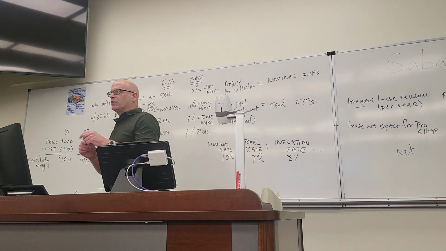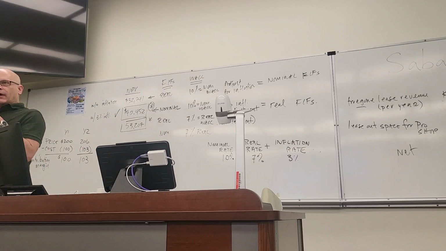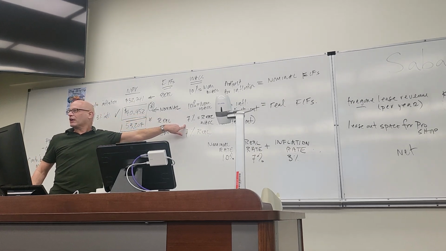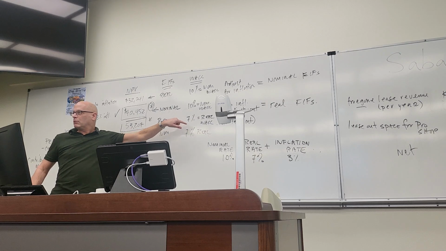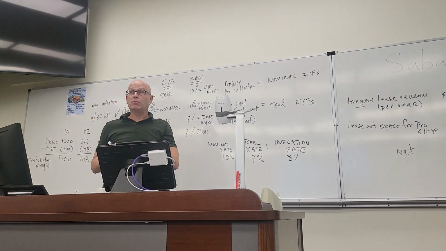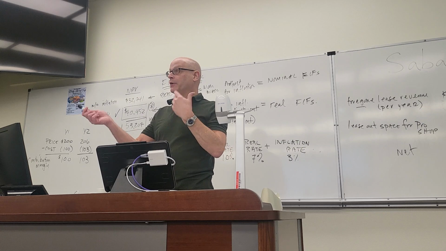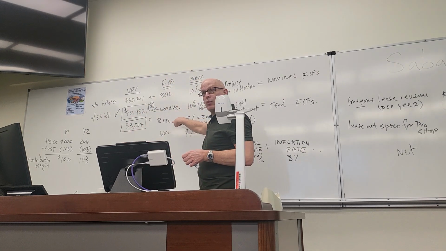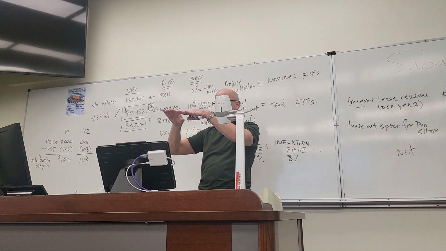So the basic premise is that, like I said, if I use an exact number for the real rate, and I'll show you how you get that in a second, and if I didn't have any costs that were fixed, if all my costs moved with inflation, then this approach and this approach would give me the exact same outcome. So it wouldn't have mattered a bit which method I used. Entirely arbitrary, just as long as I'm matching nominal to nominal or real to real. That's the big thing right here.